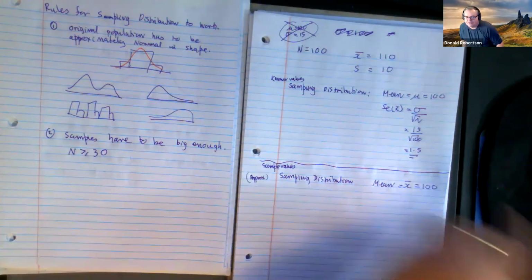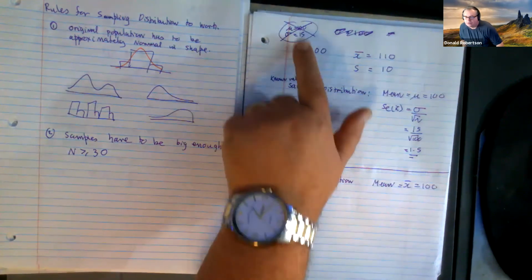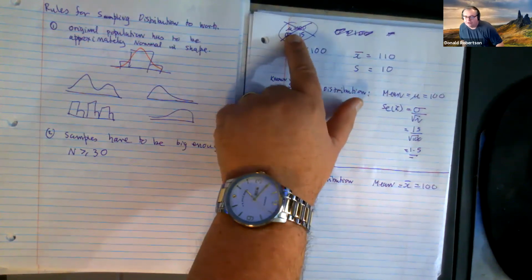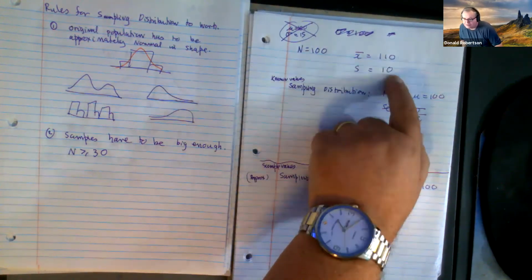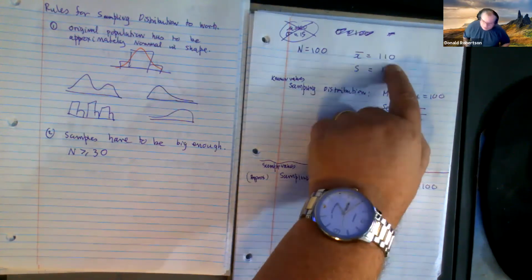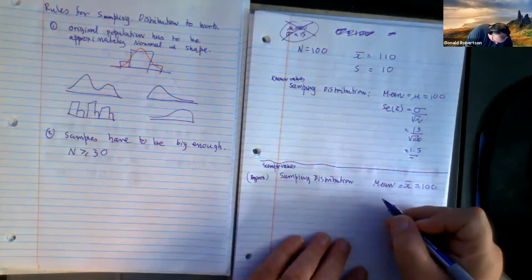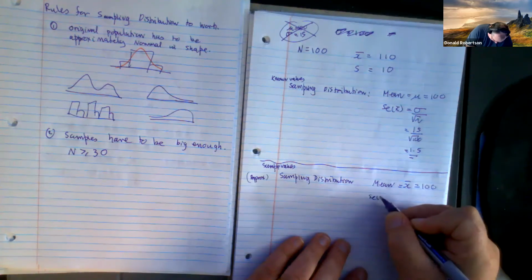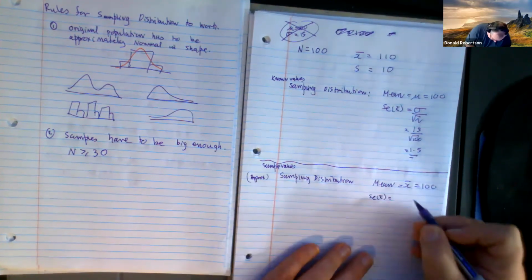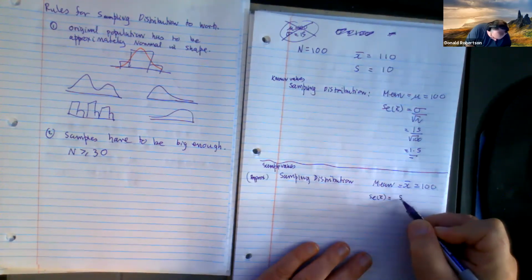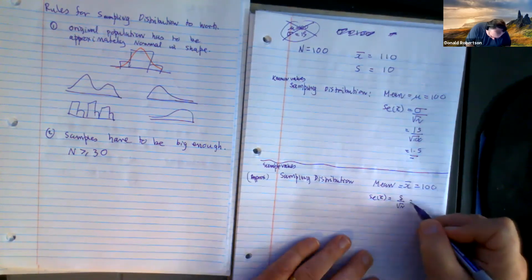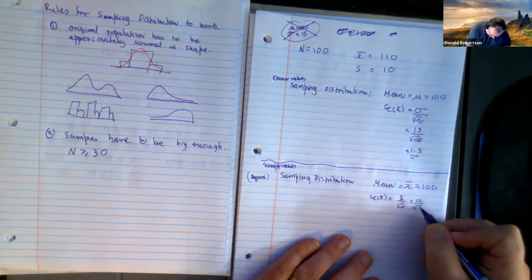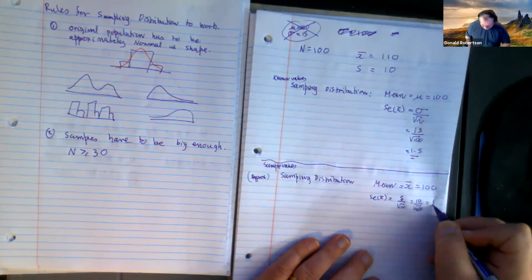It's only perfect if they tell me that, but sometimes they don't know that, or we're not told it. We know a sample size, we know what we got, and we know the standard deviation of my sample. And what would the standard error of X bar be? Well, won't it be S over the square root of n, which in this case is 10 over the square root of 100, which is 1.